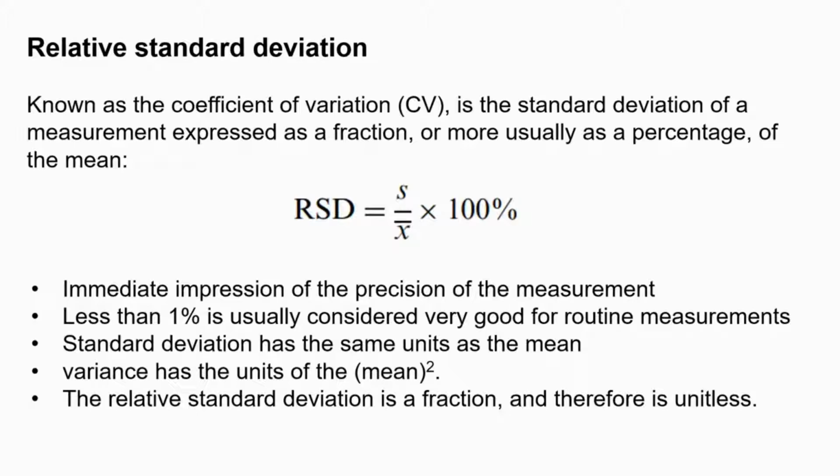As in the previous slide, I showed that the variance is the square of the standard deviation. The relative standard deviation is a fraction, and therefore it is unitless. Standard deviation and mean have the same unit, so in this fraction you can easily cancel them, so it is unitless.